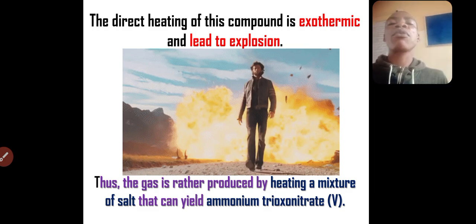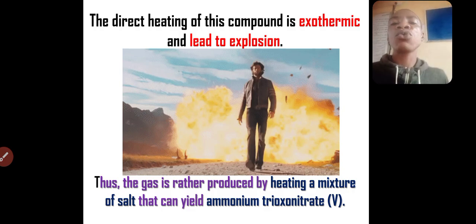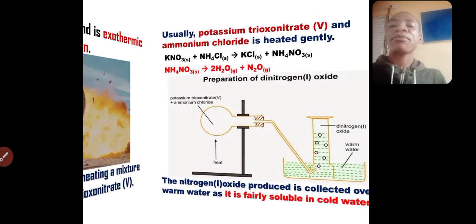So just like we produce nitrogen by mixing 2 salts together that will generate NH4NO2 that will give nitrogen, the same thing also we are going to do here. We are going to mix 2 compounds together that when you mix them together, it will give you NH4NO3. Upon decomposition, which will produce N2O and water.